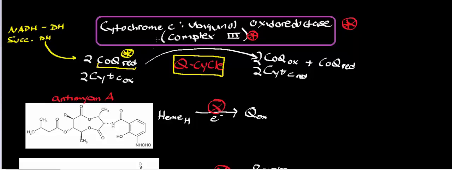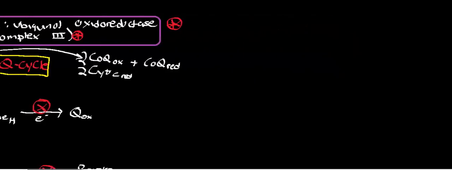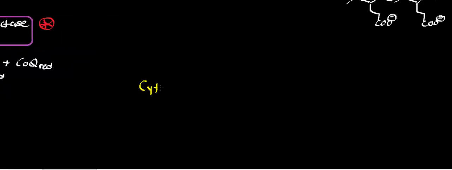Now, one complete cycle of this enzyme is going to require 2 coenzyme Qs in the reduced state and 2 cytochrome Cs in the oxidized state. And in the next video, we'll look at a lot of the function of cytochrome C and how it's made and so forth. Essentially, cytochrome C is a heme-containing protein.